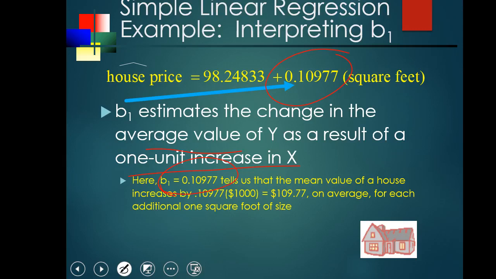So with 1 unit change, there will be 109.77 dollars on average for each additional 1 square foot of size. So if a house size increases by 1 square foot, there will be an increase in the cost of 109.77 dollars.